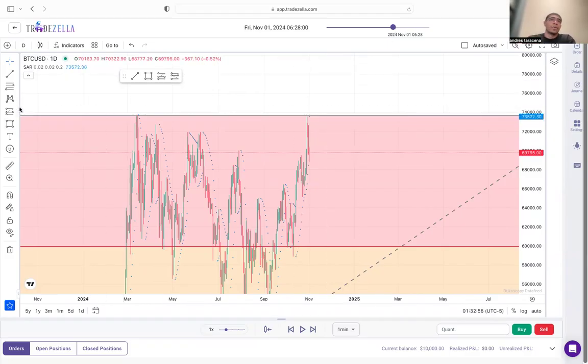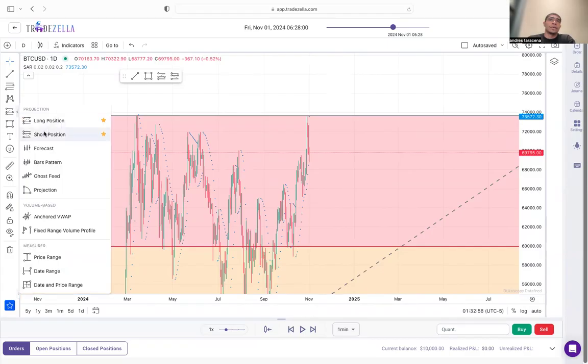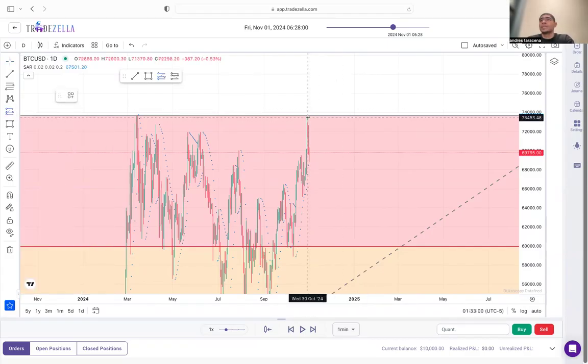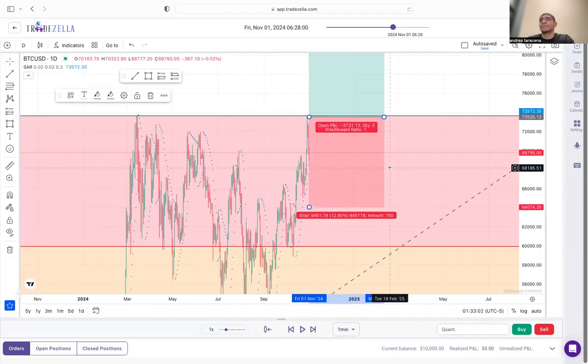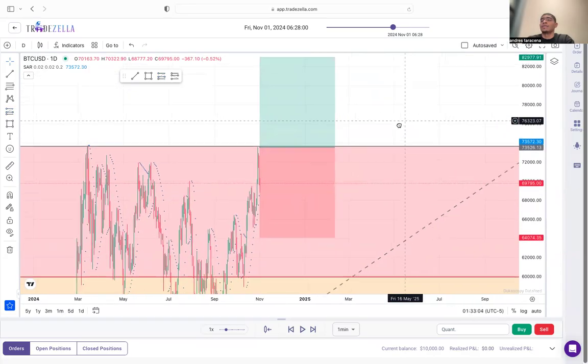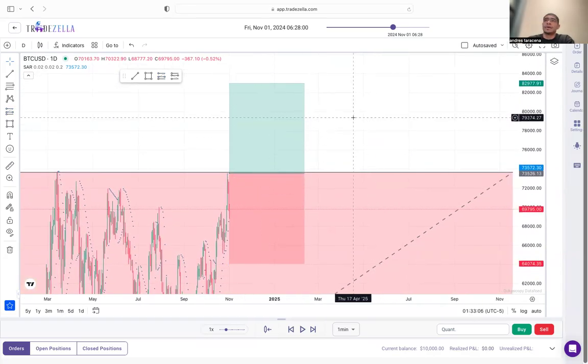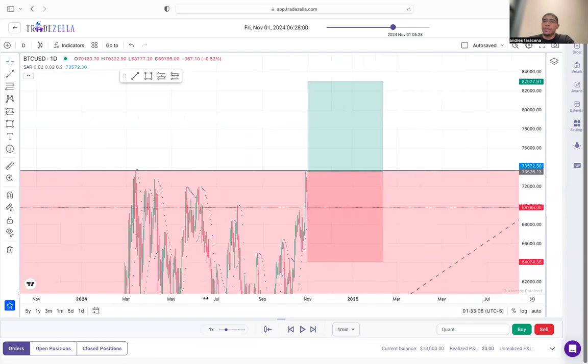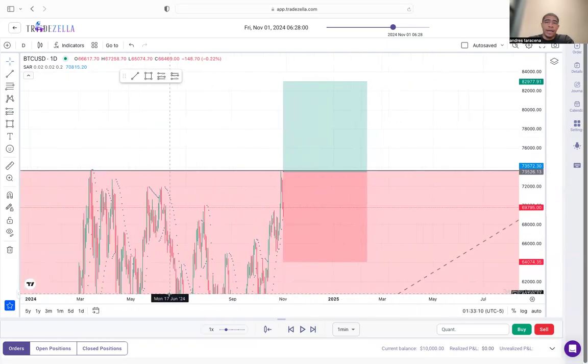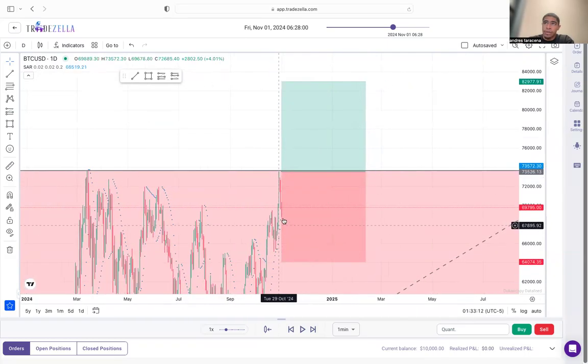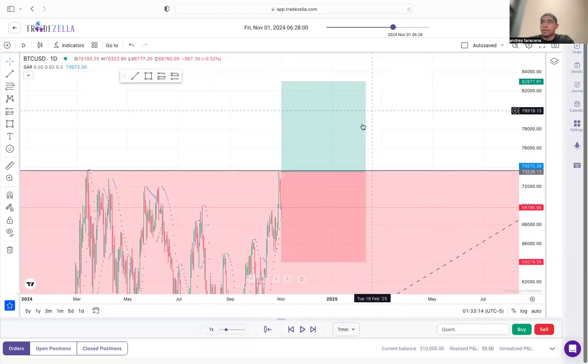So we would set up our trade. We'd be looking for a long position here. We wouldn't have a stop loss yet. Our profit target, we wouldn't have because we would be using the parabolic SAR for our profit target, but we would be waiting for it to get broken.